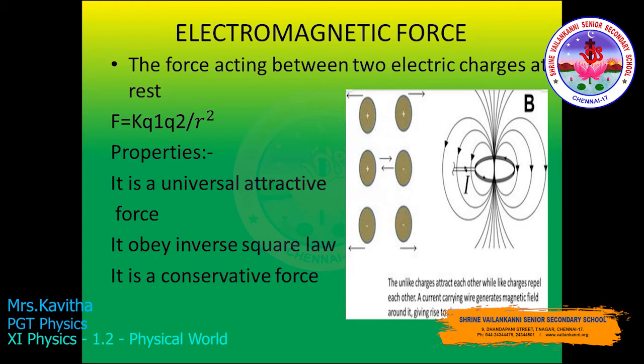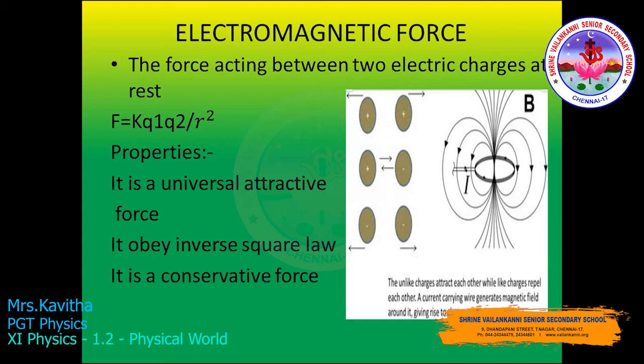According to Coulomb's law, the magnitude of the electrostatic force F between two point charges Q1 and Q2 separated by a distance r is F equals K Q1 Q2 by r square. Here K is nothing but the value 1 by 4 pi epsilon naught. The epsilon naught is nothing but the permittivity of vacuum.